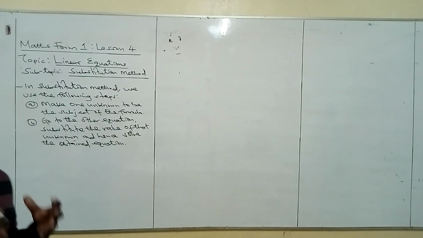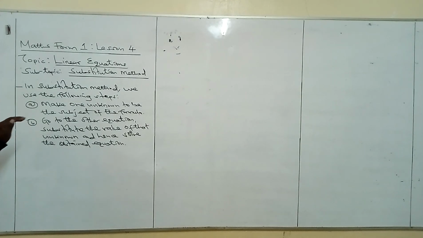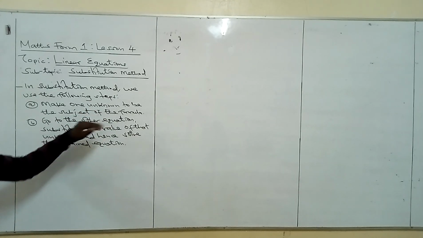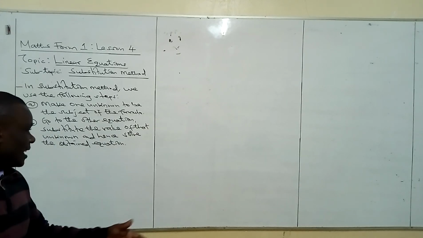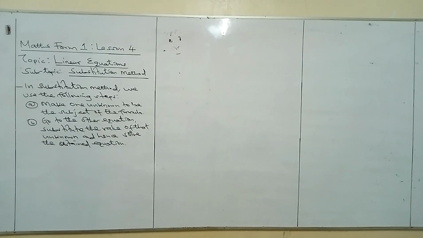So we have those two steps. We will make one unknown letter in one particular equation to be the subject of the formula. Then we go to the other equation, we substitute the value of that unknown and hence we solve the obtained equation.